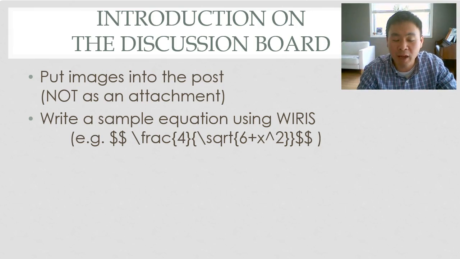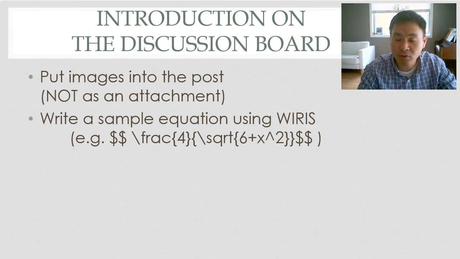Another thing I would ask you to do is I have to make sure that you know how to use the equation editor in the Blackboard. So if you put something like $2 with \frac and all this, then that makes an equation appear. The Blackboard will render it as an equation of 4 over square root of 6 plus x squared.